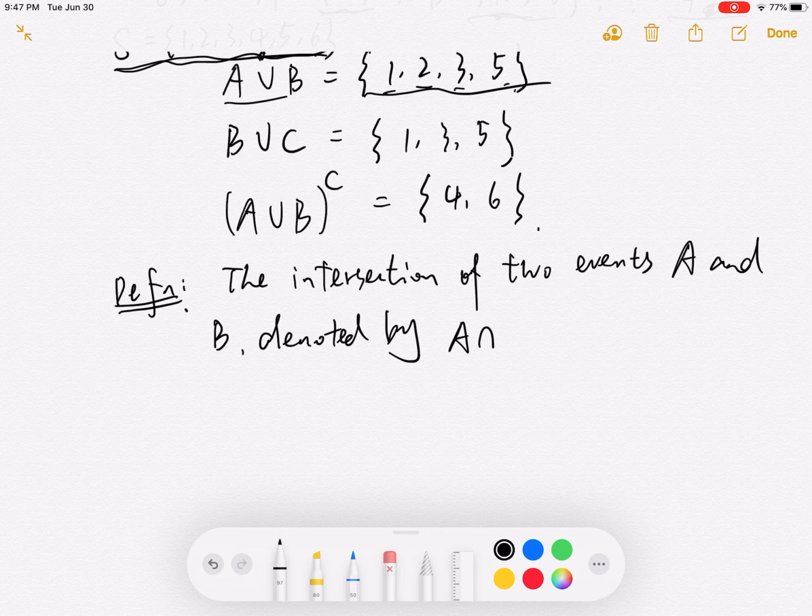The sample space of an experiment, denoted by S, is the set of all possible outcomes of that experiment.